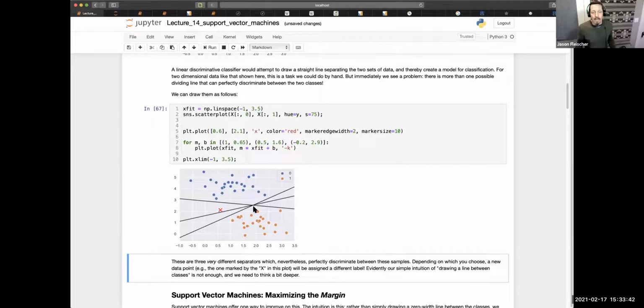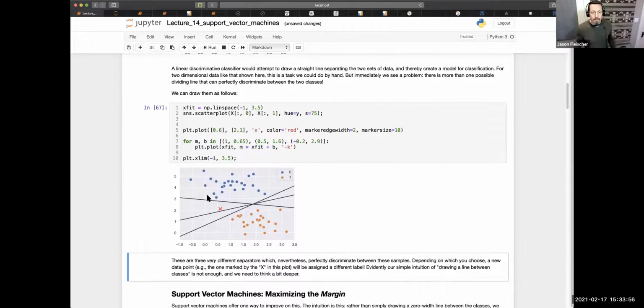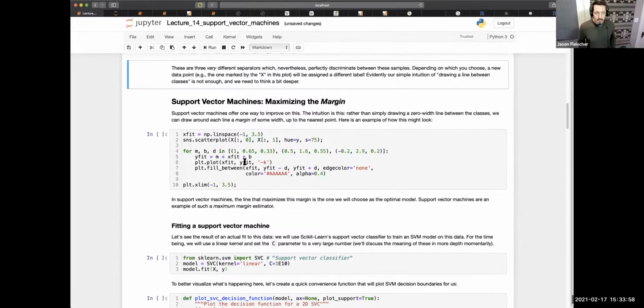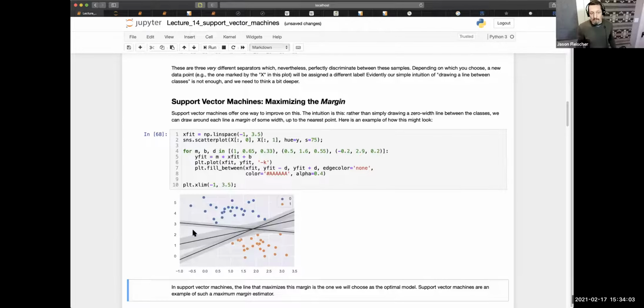The intuition, again, is to maximize the margin, so that if we have some new data point, like this red X, it falls on the correct side.